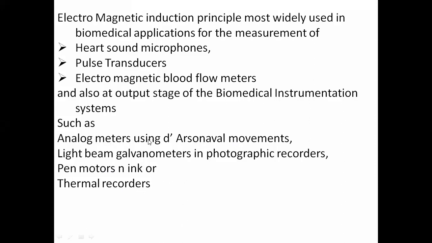By applying current to the coil, it will deflect the pointer on the meter. The galvanometers will show the pointer reading based upon the amount of voltage applied on the meter. So like this we have the electromagnetic effect.